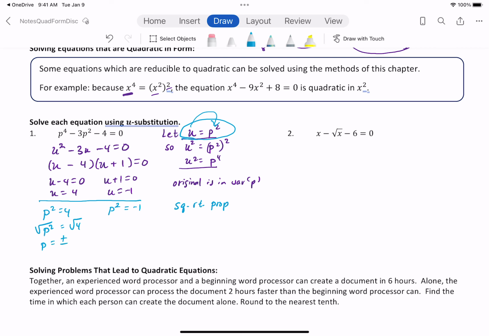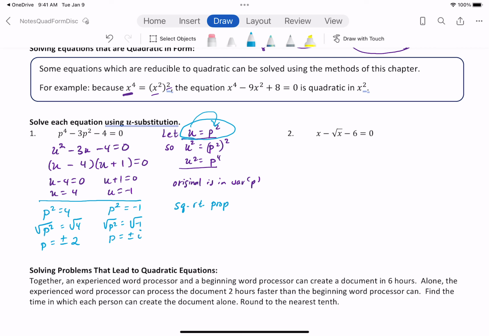We pick up that plus or minus, don't forget. And the square root of 4 is 2. We'll do the same thing for this one. Now we got a negative under there. So remember, by definition, the square root of negative 1 is i.